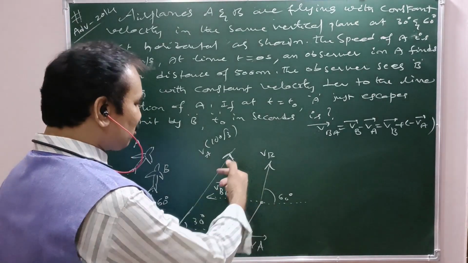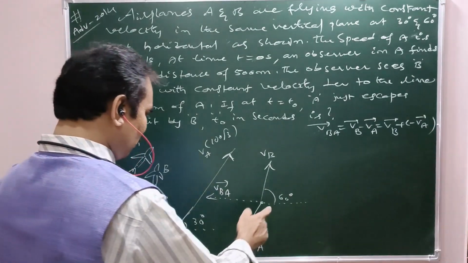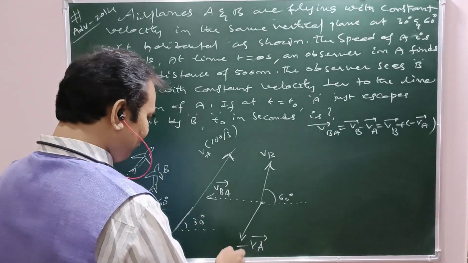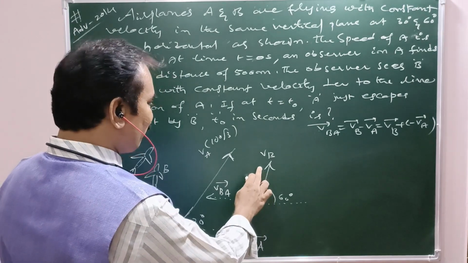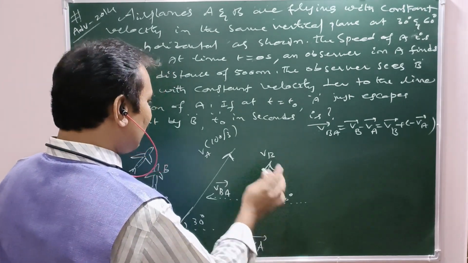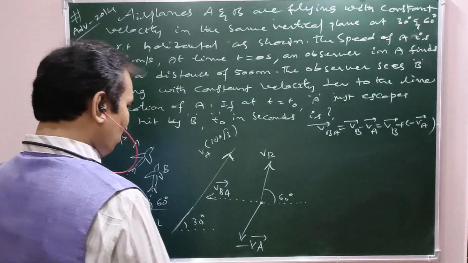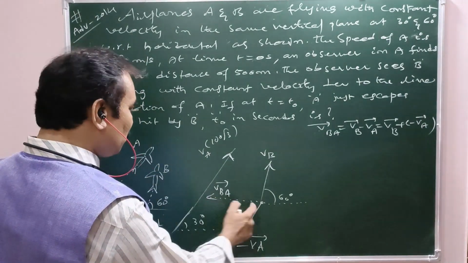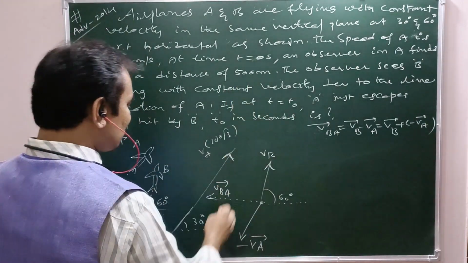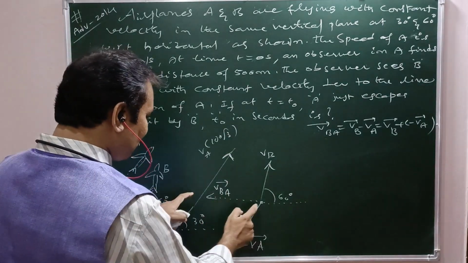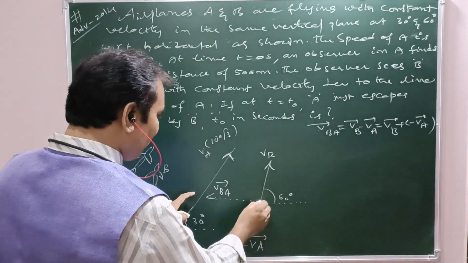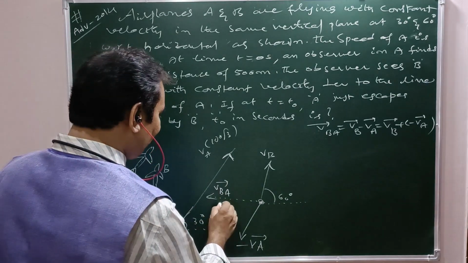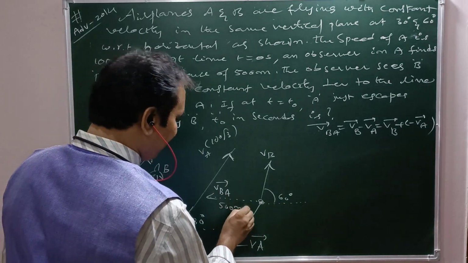Now try to close the other two sides here. So say this is VB, this is 60 degrees, right? Now VBA. What is the separation between these two? That means 500 meters. In terms of distance, the normal distance between plane B and plane A is 500 meters also.